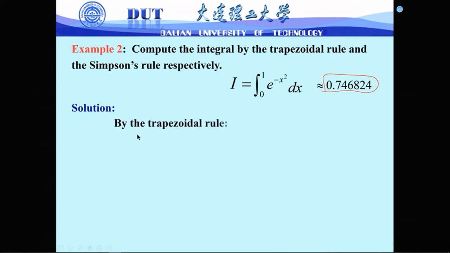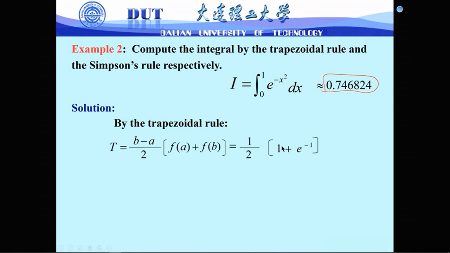Okay? So again, by the trapezoidal rule, we can use (b minus a) over 2 multiply f(a) plus f(b), right? Okay, b minus a is 1 minus 0, so 1 over 2 multiply f(a). When x equals 0, then it is 1. When x equals 1, then it is e to the power minus 1, right?